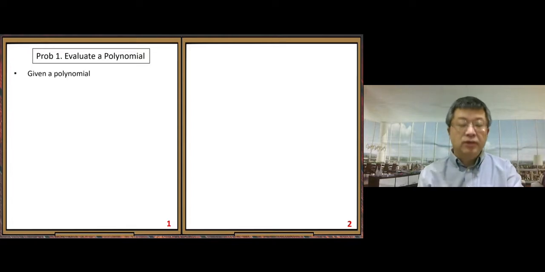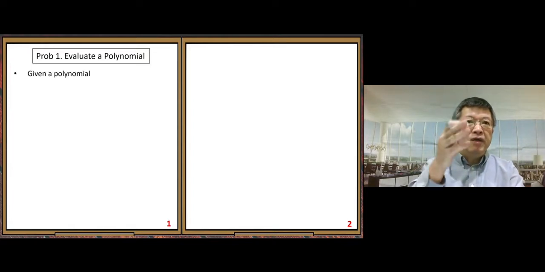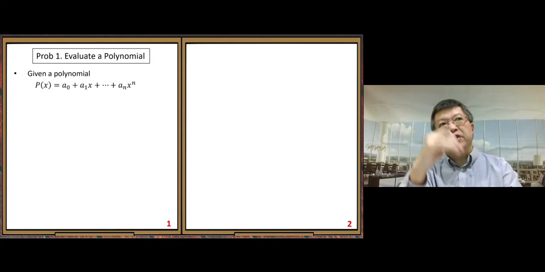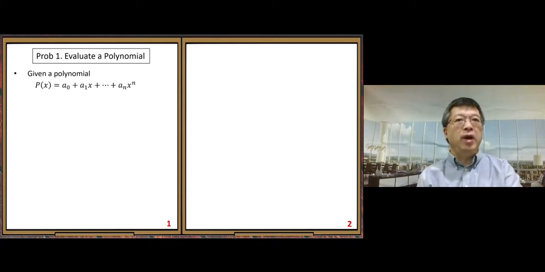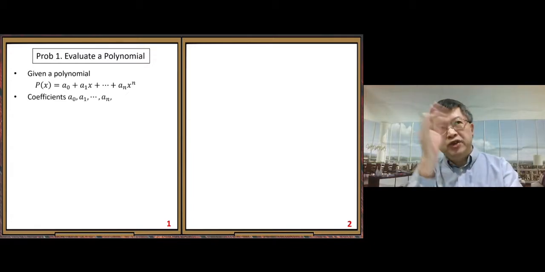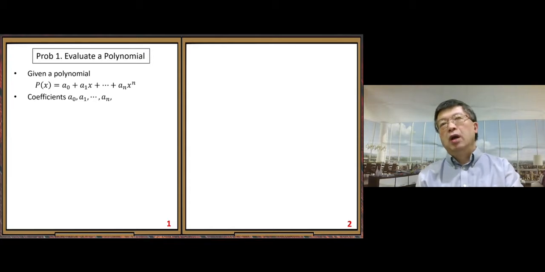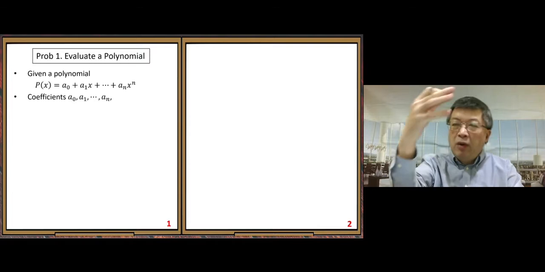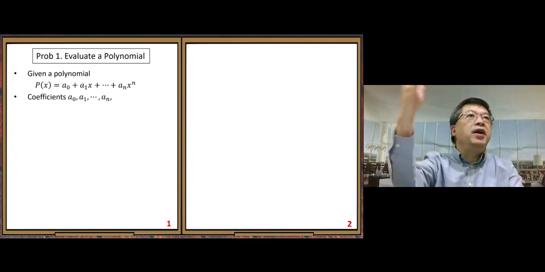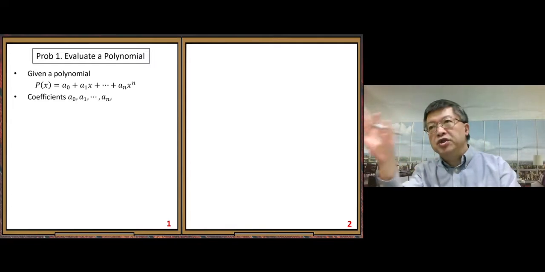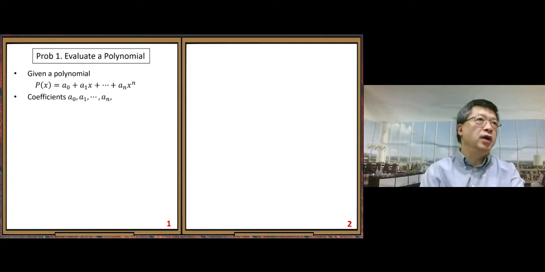First, let's take a look at the problem. Given a polynomial, p of x equals this standard polynomial format, here we are given a set of coefficients. So we pass all the coefficients to our program as an array containing all the coefficients for this polynomial.